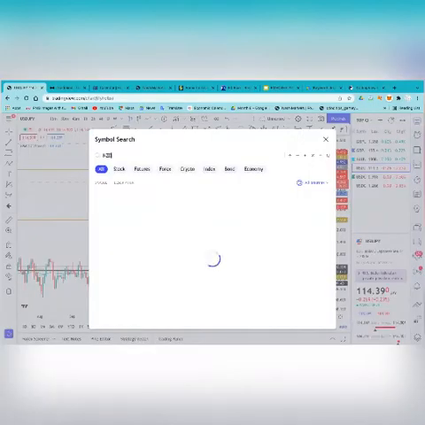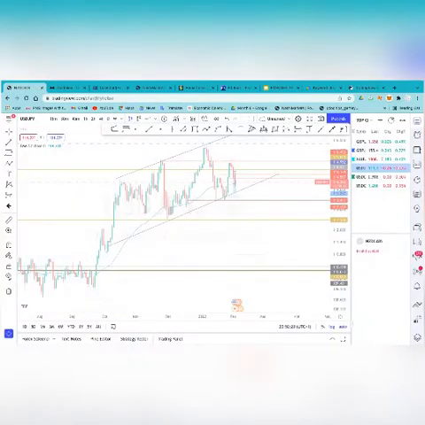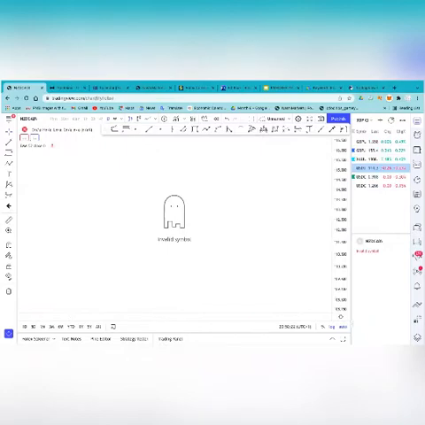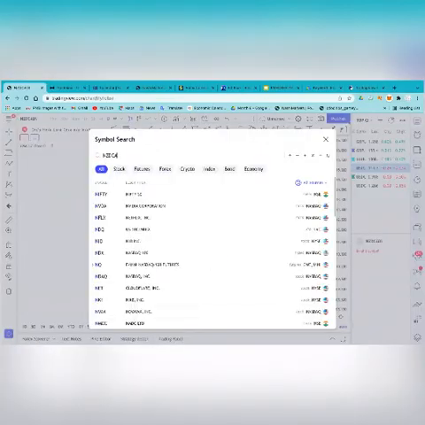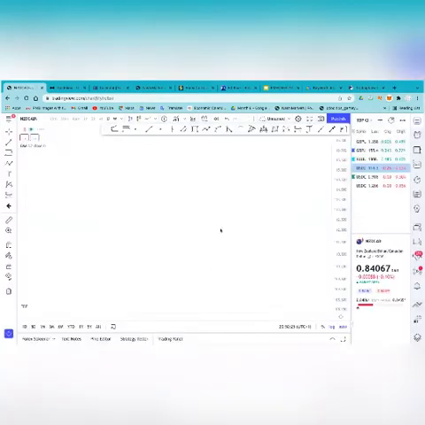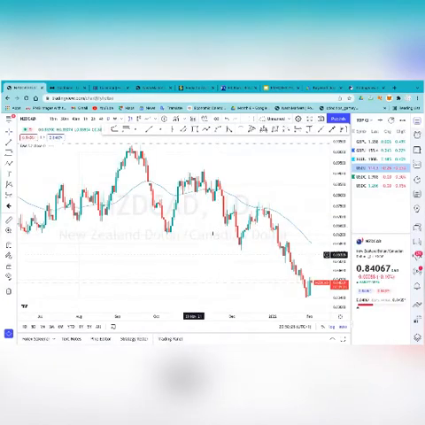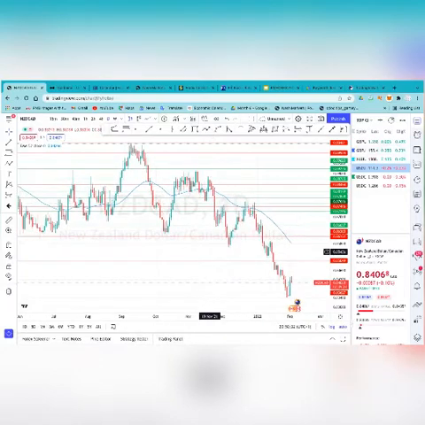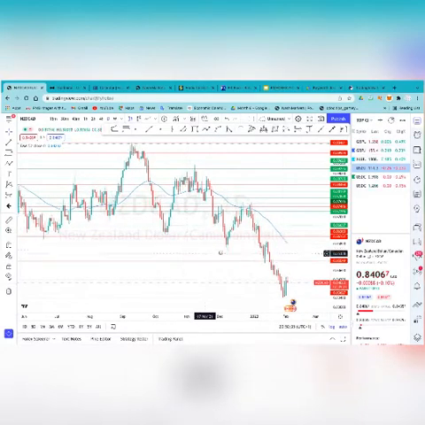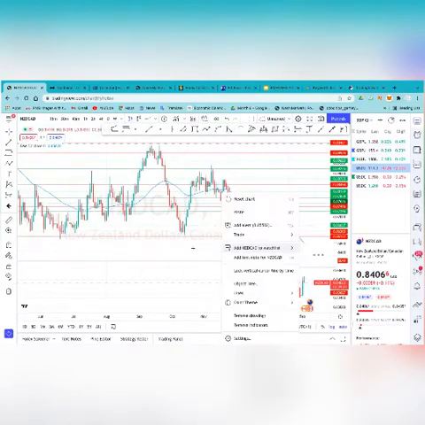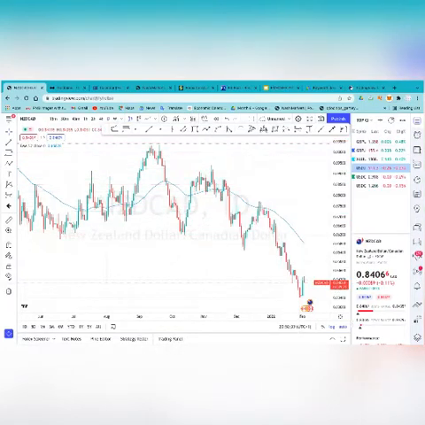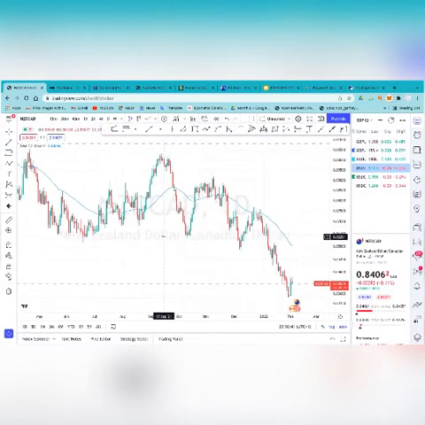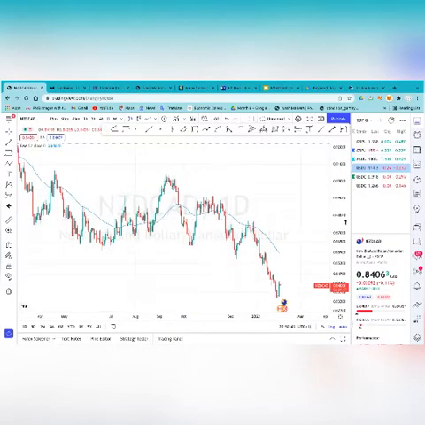NZD CAD. Have I traded NZD CAD previously? Alright, I have traded it, but still, I can easily mark it up because I don't really do much on this pair.